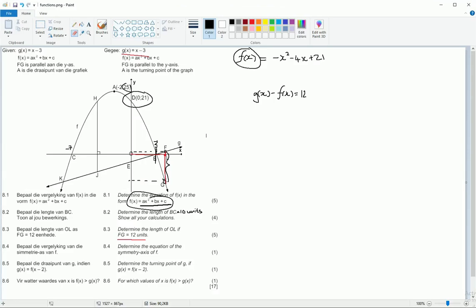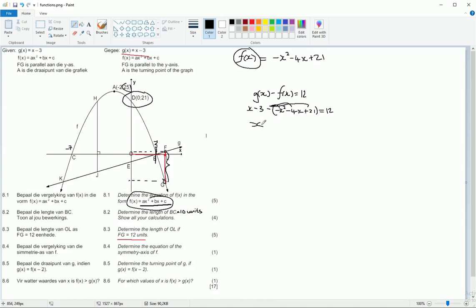So let's continue with this. g of x, what is g of x? g of x is x minus 3, minus f of x. So f of x is this whole thing. Remember to put this in brackets because that negative in front is going to change all of our signs. So this is going to be plus 21. All of this equals 12 once subtracted. Okay, so this negative goes inside, changing all of our signs.